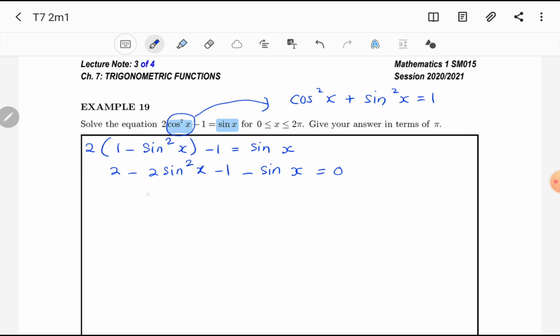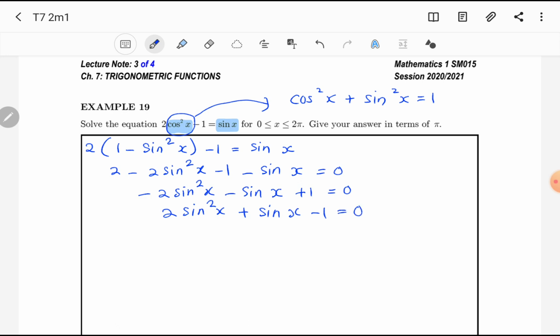Next, negative 2 sin square X minus sin X plus 1 equal to 0, or 2 sin square X plus sin X minus 1 equal to 0.